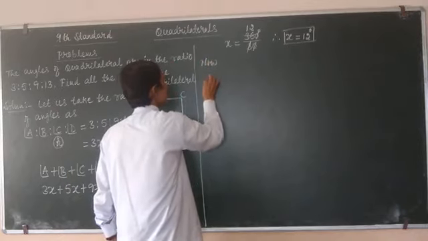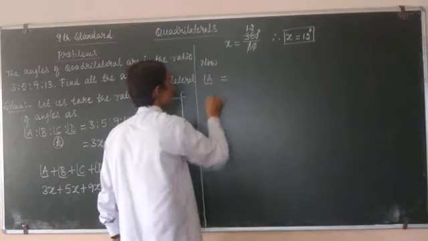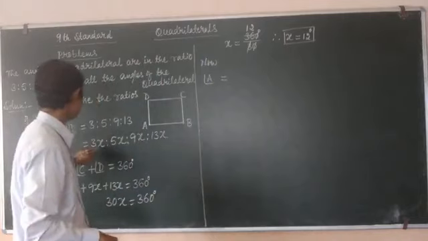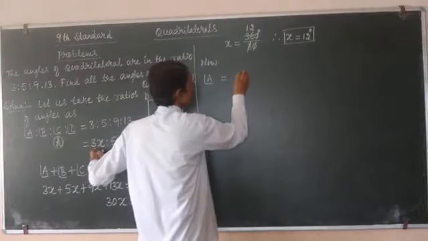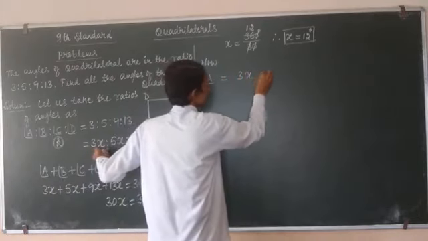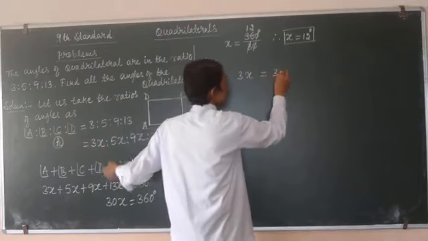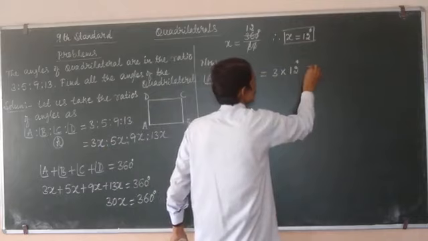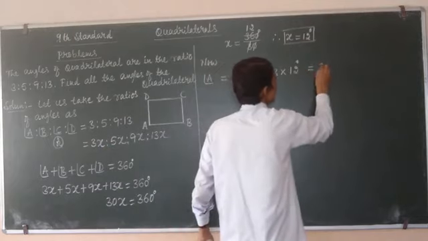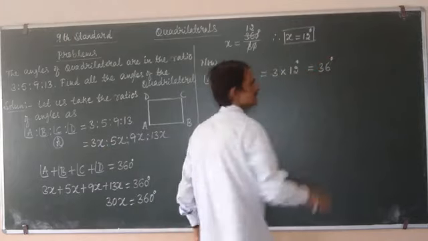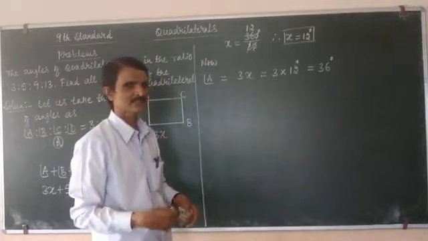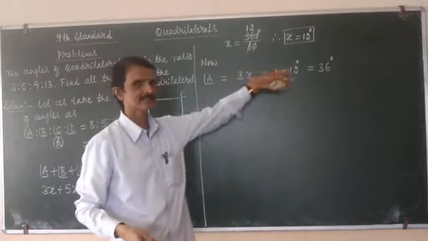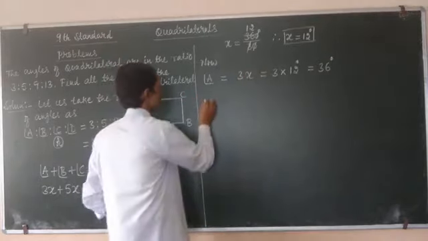Now angle A. Angle A is equal to 3x. 3x equals 3 into the value of x, 12 degree. So 12 3s are 36 degree. So the value of angle A is 36 degree.